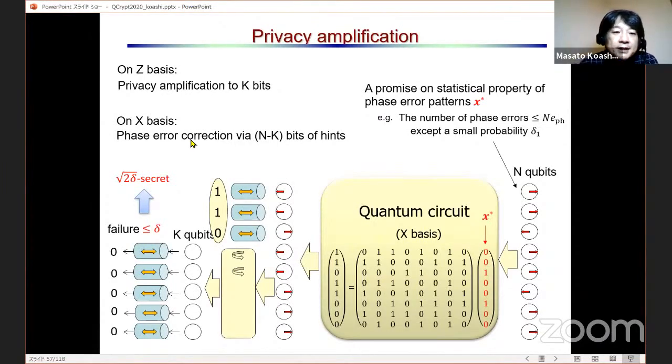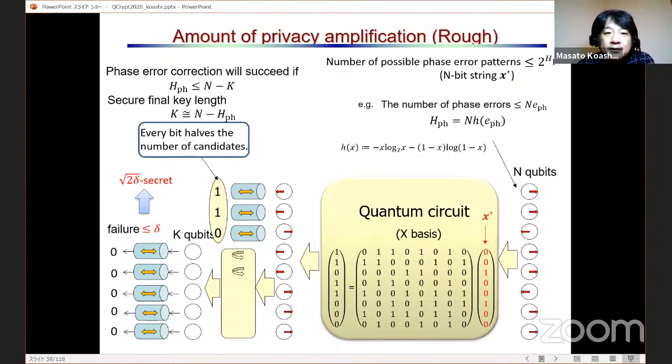Okay, so this means that the privacy amplification shrinking the n bits to k bits on the Z basis is, if we look at the same thing on the X basis, the phase error correction, somehow the same, resetting the phase errors to all zeros using the n minus k bits of hints here.